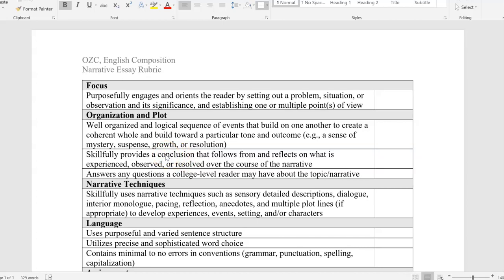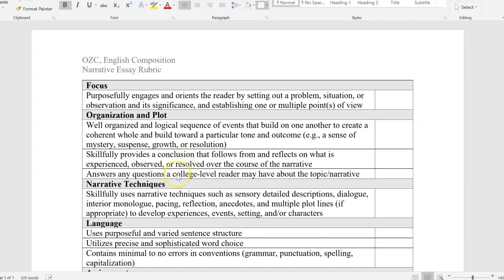So you've shown your audience all the action, the character development, and how the characters communicate with each other. You have shown the details that you experienced. This conclusion is the time where you can tell a little bit more. You reflect on it, and it's sort of like the moral of the story.